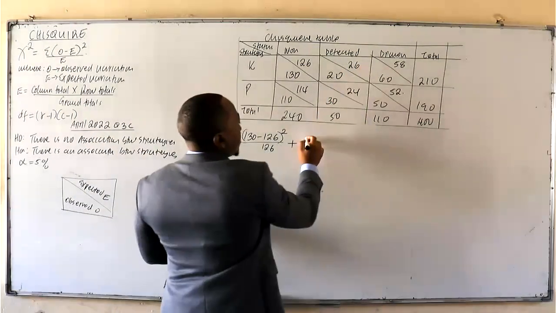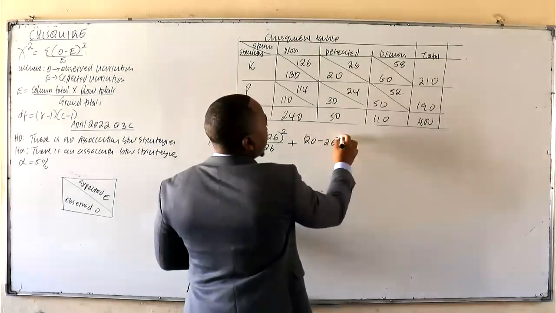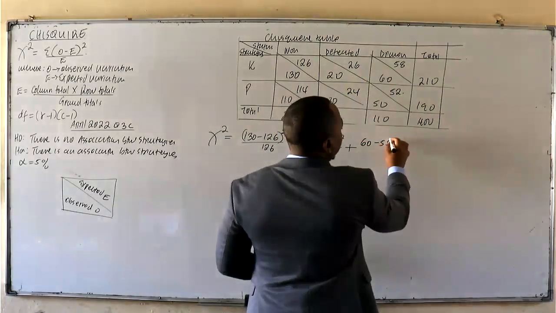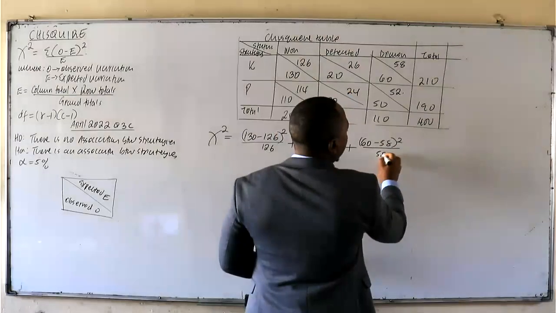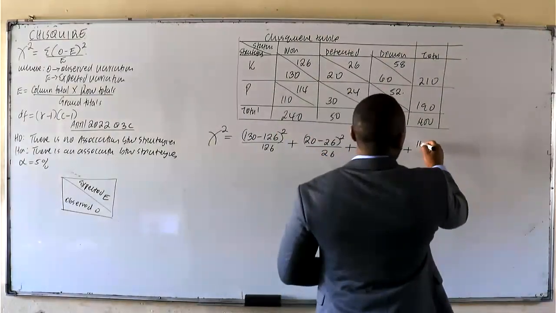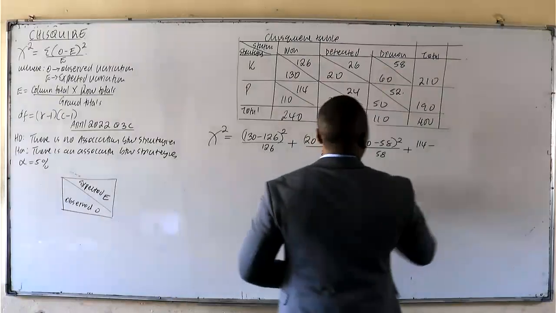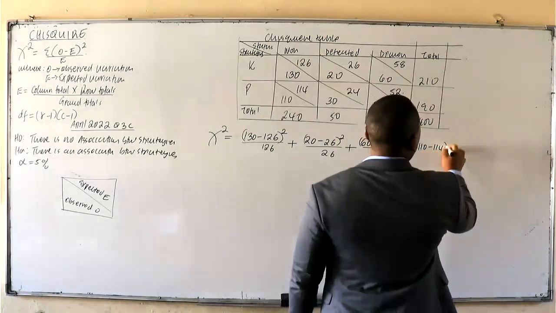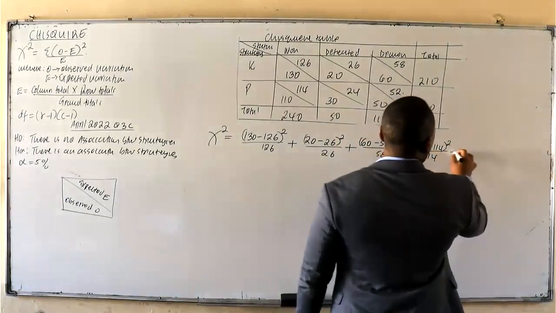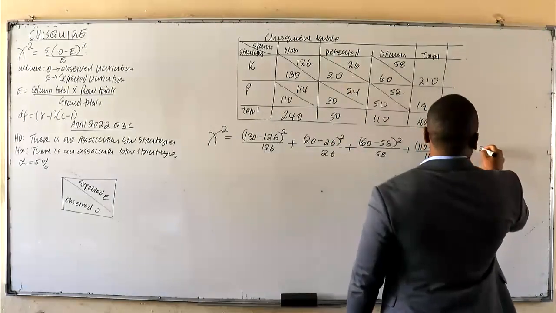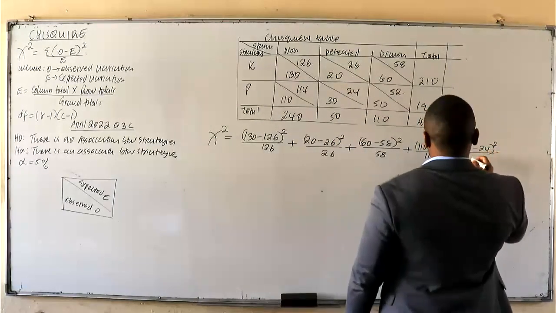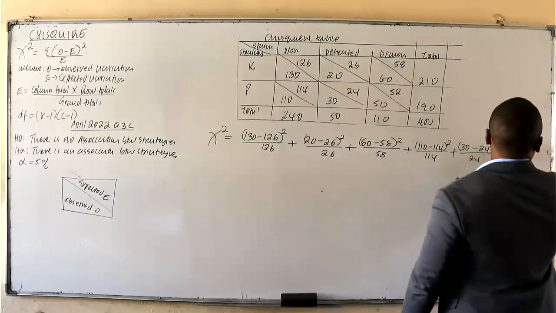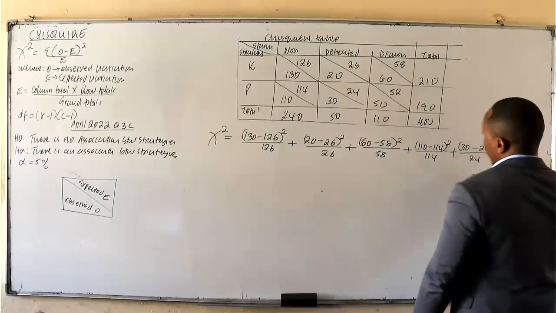Then the other one: 20 minus 26 squared over 26. 60 minus 58 squared over 58, plus 110 minus 114 squared over 114, 30 minus 24 squared over 24, and 50 minus 52 squared over 52. Now let's do them one by one.